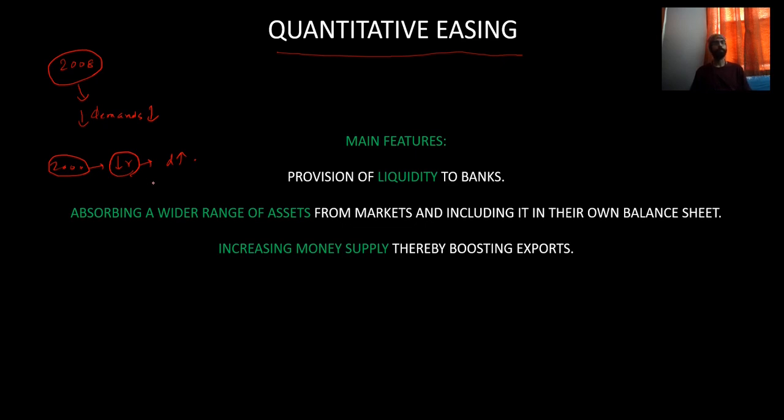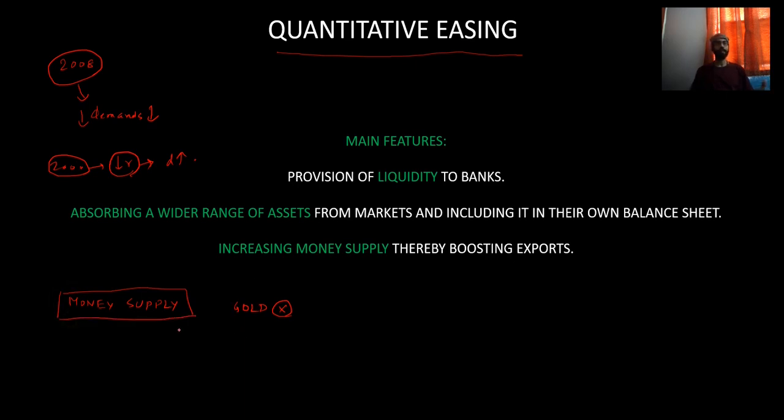Apart from interest rates, there is one more tool in the hands of the central banks, which is the money supply. Because the gold backing was gone, because the gold standard was done with, increasing or shrinking the money supply was no more a problem.